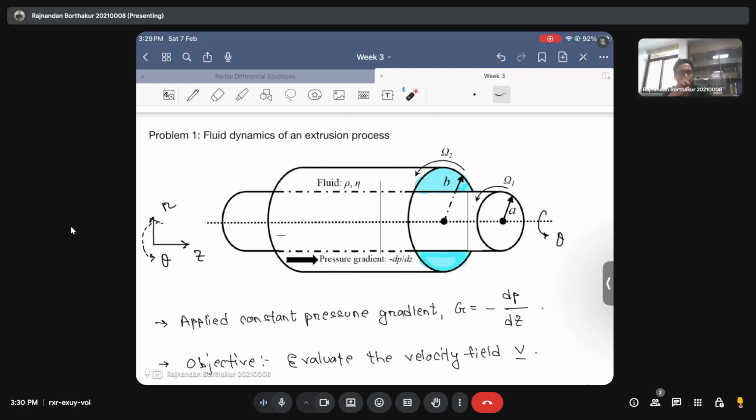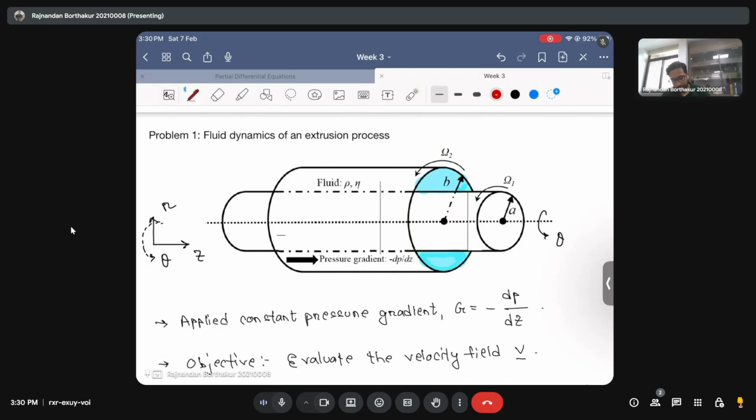Because this is where the fluid is being enclosed. If you just use the simple no slip boundary condition, whatever fluid is in contact with the cylinder surfaces, for instance like the red line that I am drawing, should also move with a velocity omega 2 times b, to be precise. That is because of the no slip boundary condition.